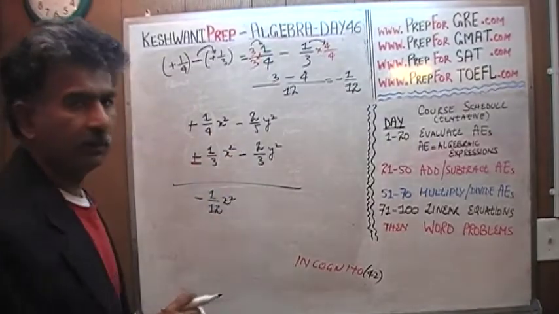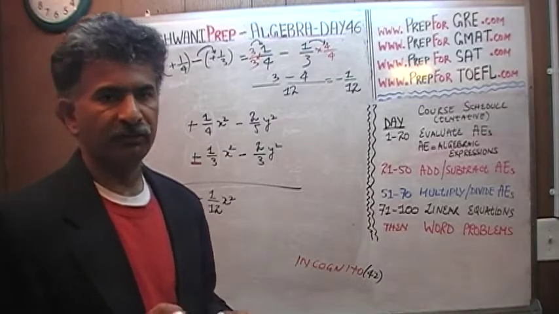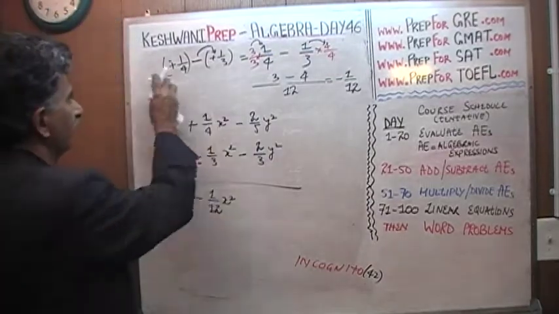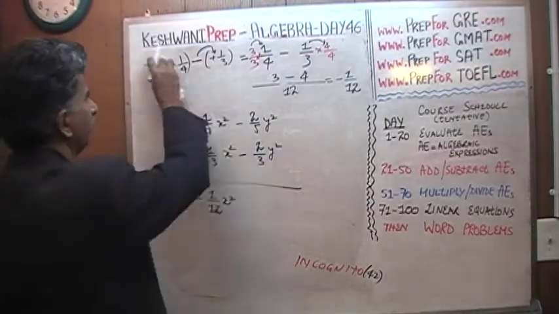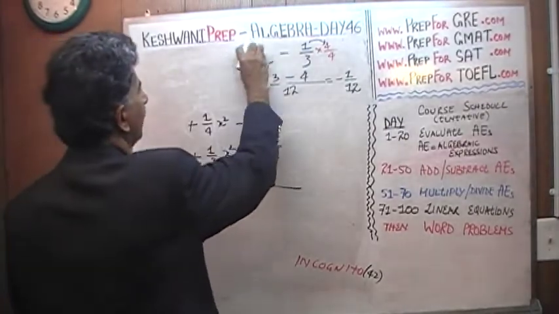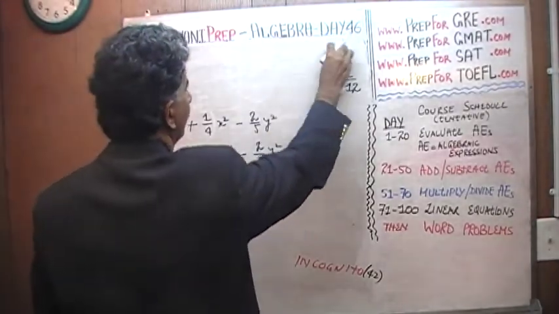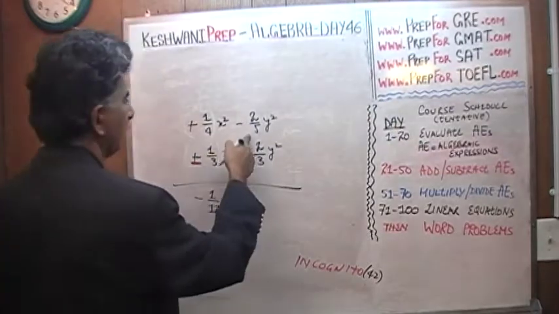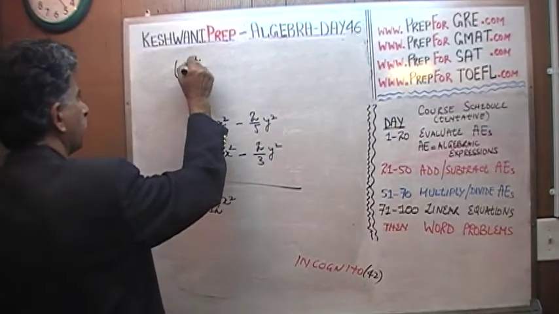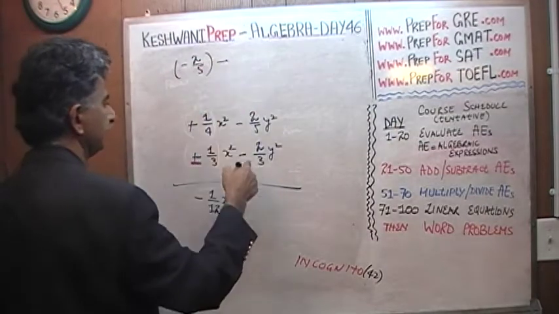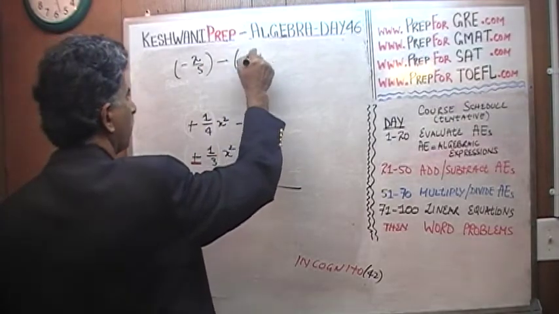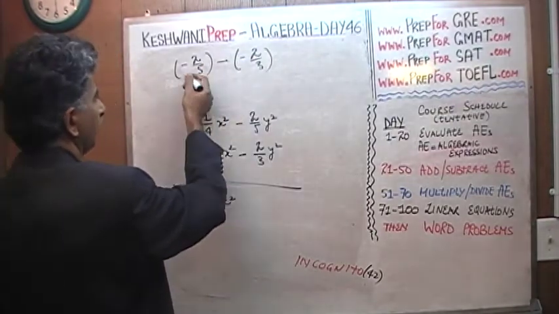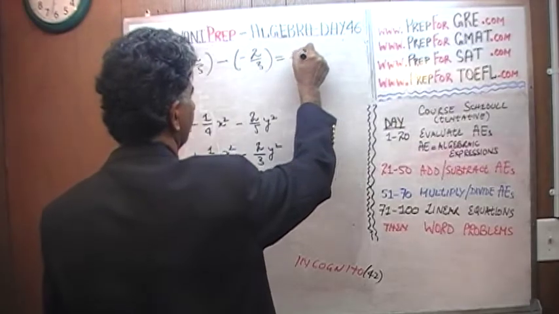Now we have to find the difference in the coefficient of the y squared. So let's do that again on the top. Same exact thing, we're going to do it for the y squared now. So here we have negative 2/5 minus the negative 2/3. As we open the parentheses, the negative 2/5 remains negative 2/5.